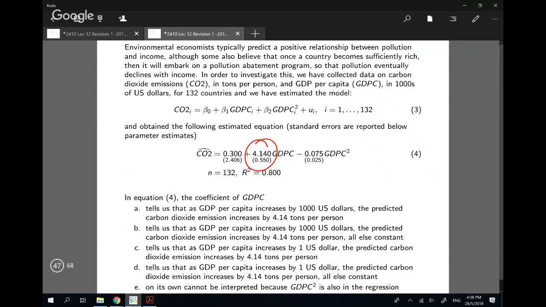Okay. Easy question, right? Which one? E: on its own, it cannot be interpreted because GDPPC square is also in the regression. Agree? Yes, that's right. Because you have it there, you have to interpret differently. So what should the interpretation be?